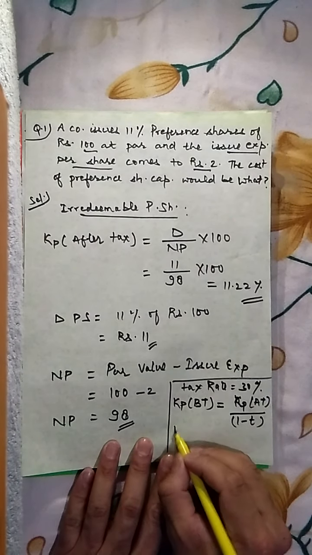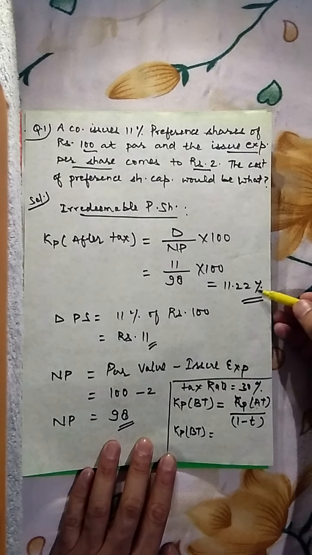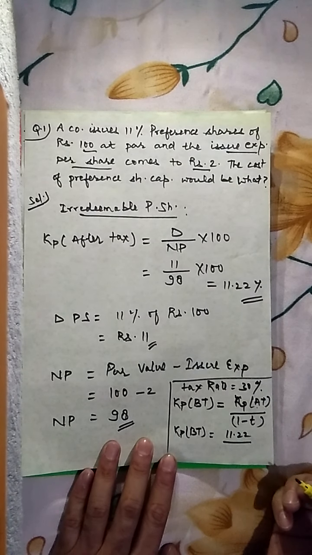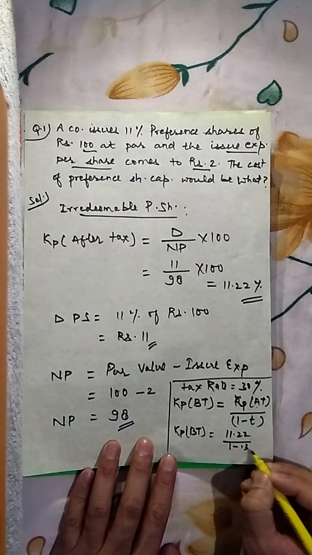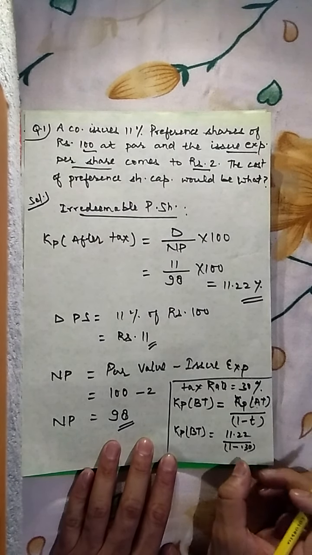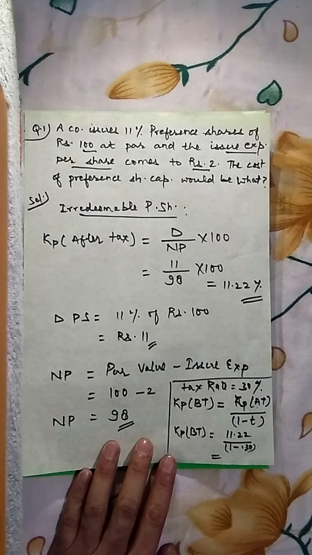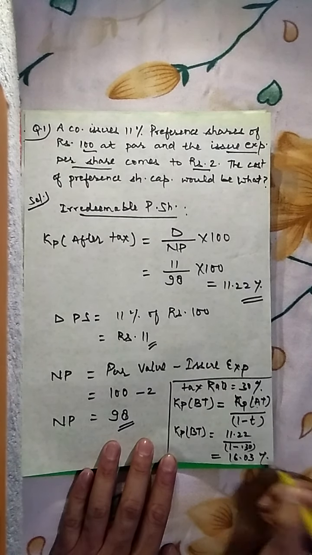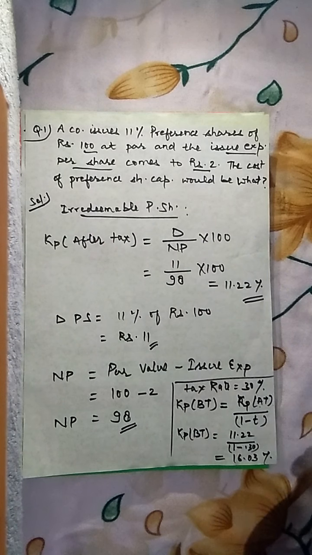Here Kp before tax is equal to Kp after tax, that we have already calculated here, 11.22 divided by 1 minus tax rate. So that is 30%, so 1 minus 0.30. Here it remains 0.7. So when we calculate it, then we actually get the value 16.03%.